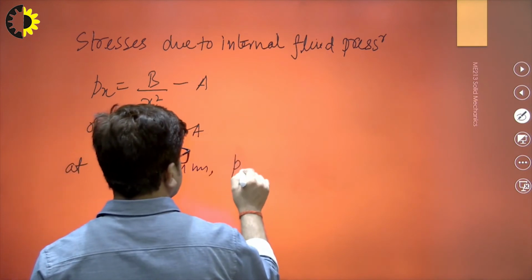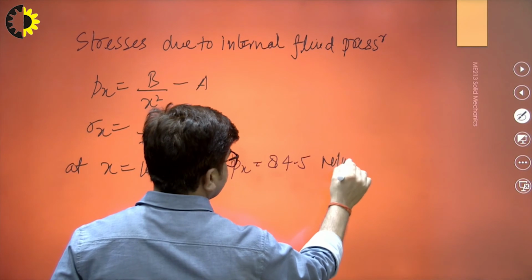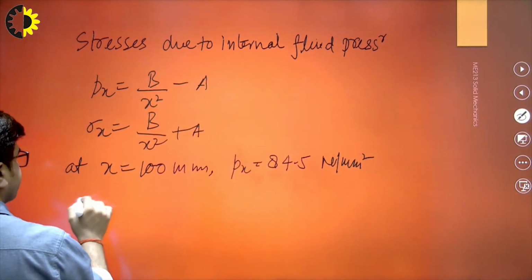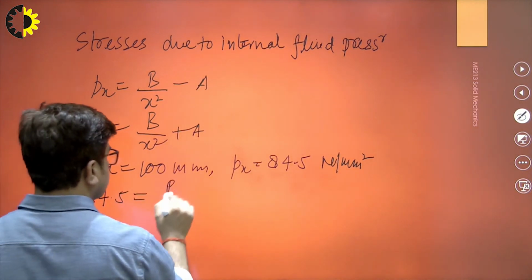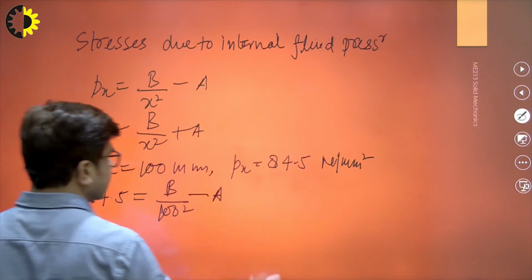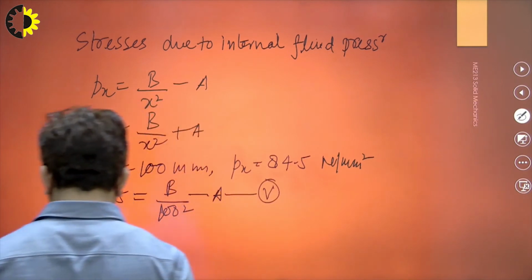This Px equal to 84.5 Newton per mm square. Okay, then 84.5 equal to B by 100 square minus A, and this is equation 5th.